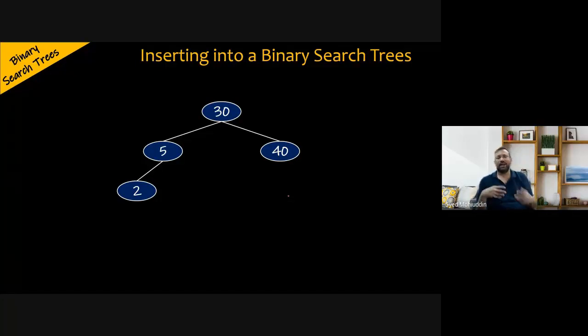Now, we had looked at the search operation before inserting or before creating a tree itself. That was because to insert a node, we actually perform the search operation and search for the place where that node can be inserted.